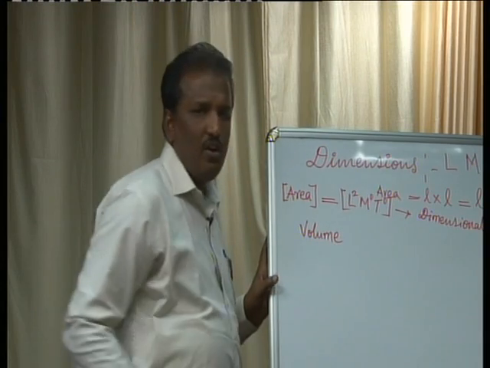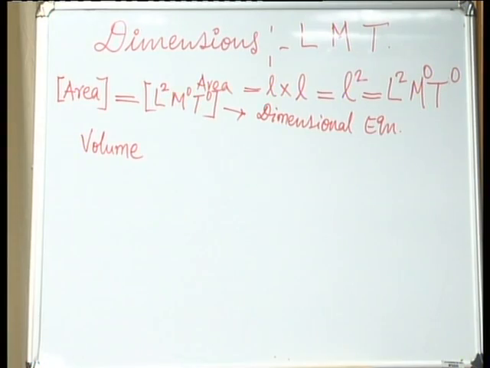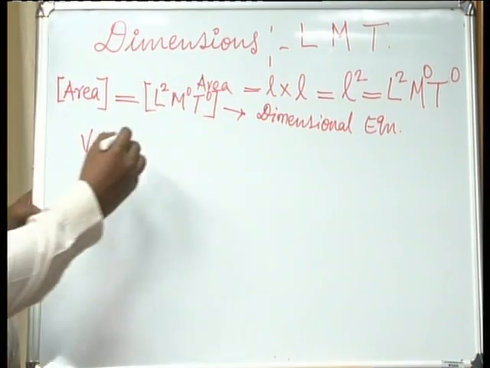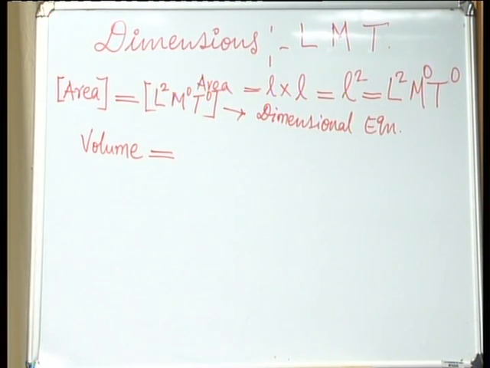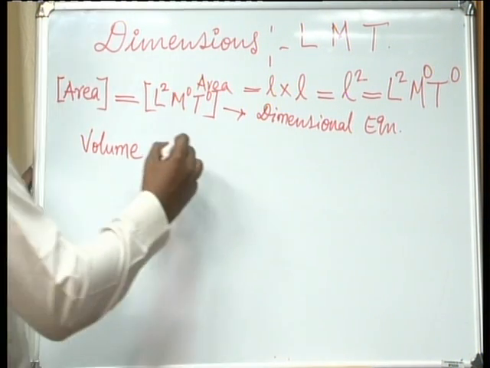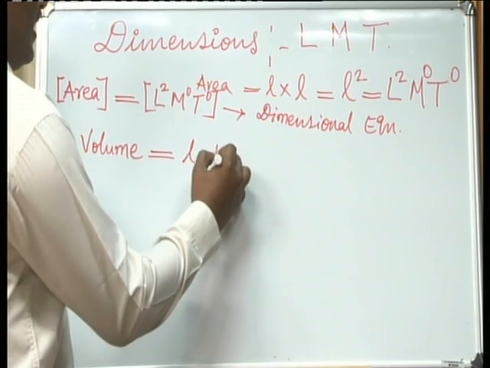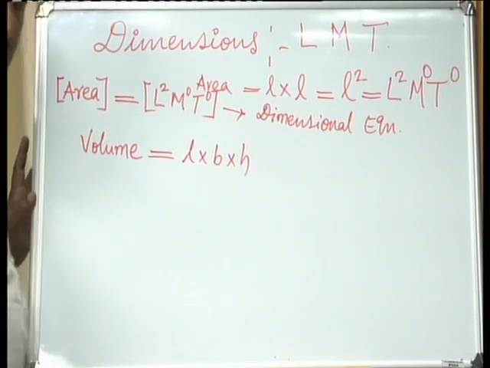The question is, write down the dimensional equation of a volume. So, recall the basic definition of volume. What is the basic definition of the volume? It is simply a product of length, breadth and height. So, it is L into B into H.